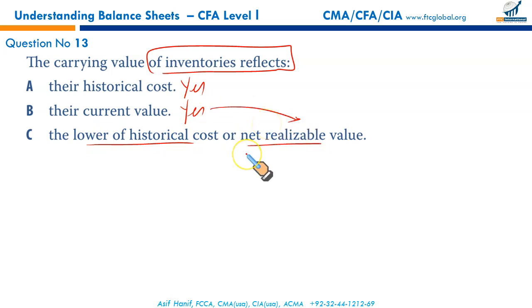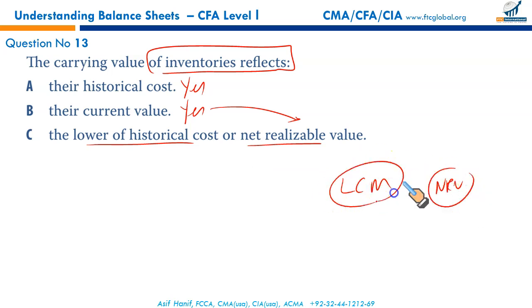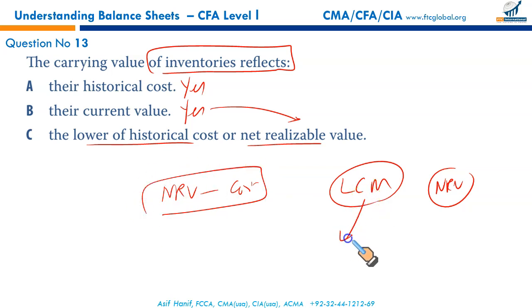I told you there are separate treatments of inventories under US GAAP and IFRS. US GAAP has two treatments, the LCM rule and the NRV rule. They are treated separately for different valuation bases of inventory. But under IFRS, you just have NRV versus cost, whichever is lower. And in this LCM rule, yes, current value is there.